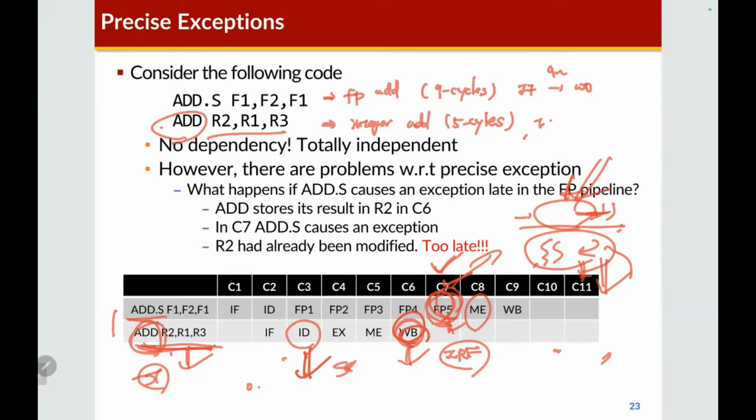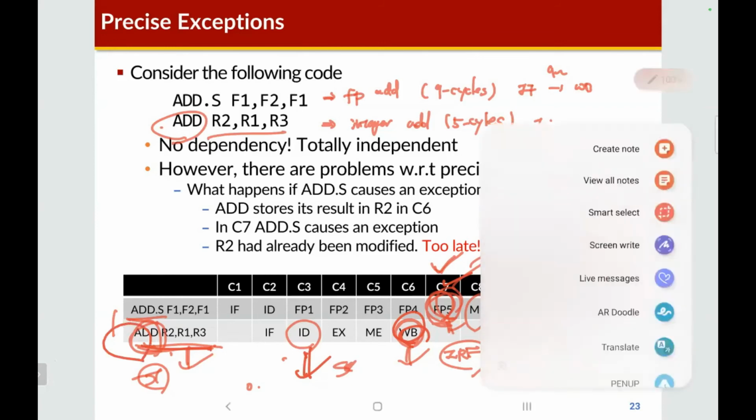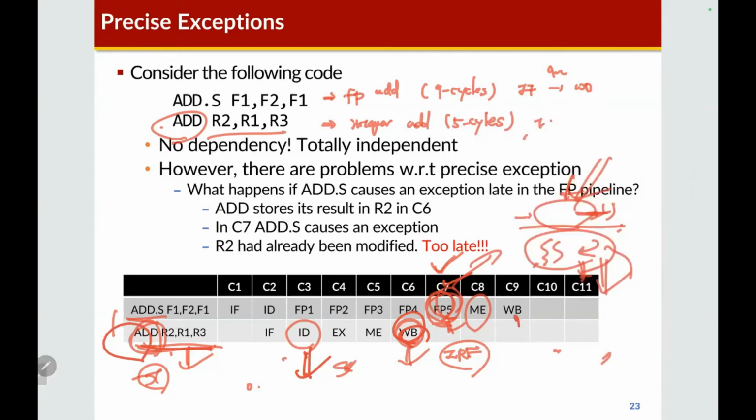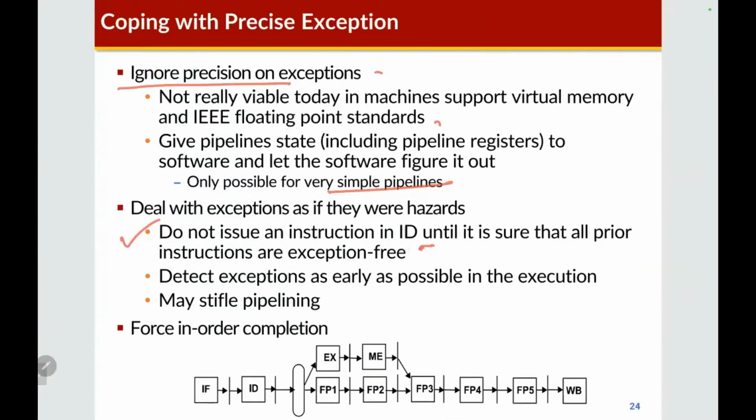Even though there is no data dependency between this floating point add instruction and the integer add instruction, in order to support precise exceptions we can handle this add instruction like a data hazard. It's ridiculous actually. If we just consider the performance, it will be degraded very much, so it's not a good option also.